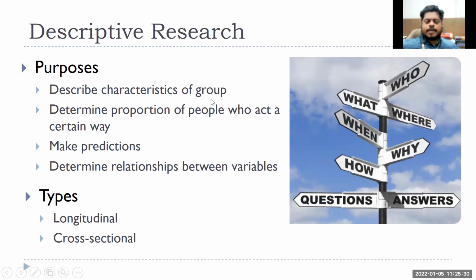Descriptive research describes characteristics of a group, determines the proportion of people who act in a certain way. Consumer groups from 15 to 25 will prefer to have online accounts rather than visiting branches, right? Think about these new teenagers and people in your group. You might not like to go to a bank and have that physical passbook updated every time, because you have been accustomed to doing online transactions.